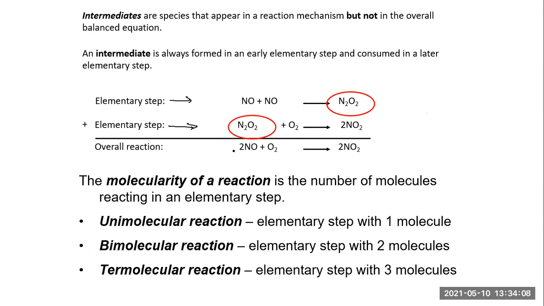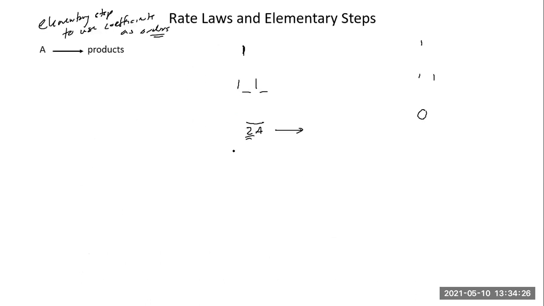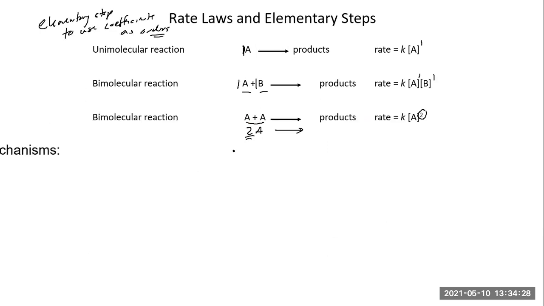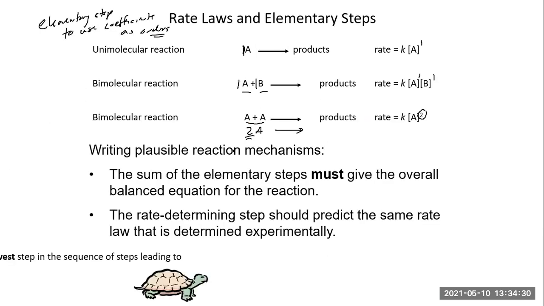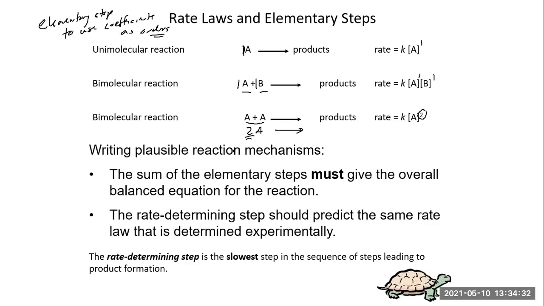That's the first thing you need to make sure of for your mechanism to be a possible or plausible mechanism. If you add up all the elementary steps and it does not equal your overall reaction, it's probably a bad mechanism. It's probably not going to happen that way. So that's the first major hurdle in determining whether a mechanism is good or bad.